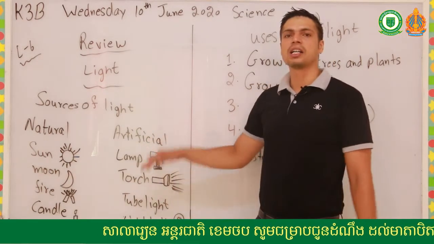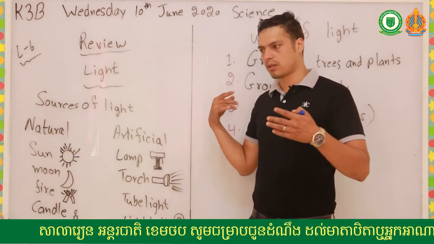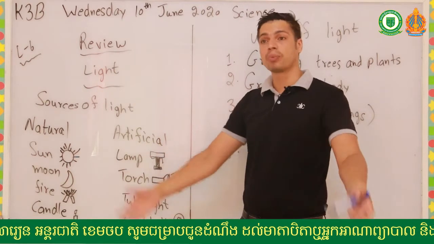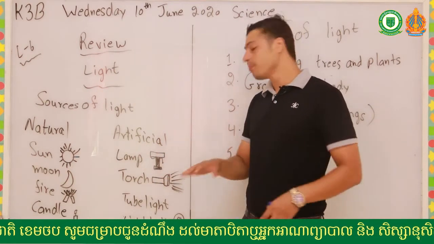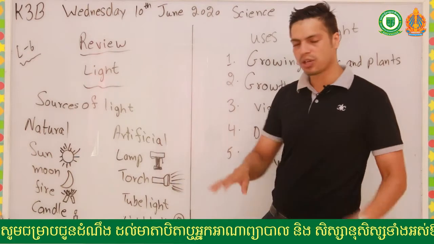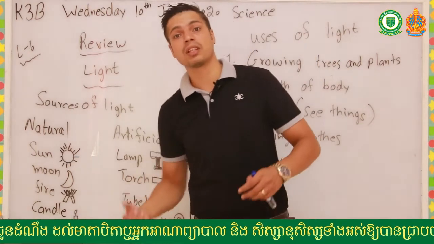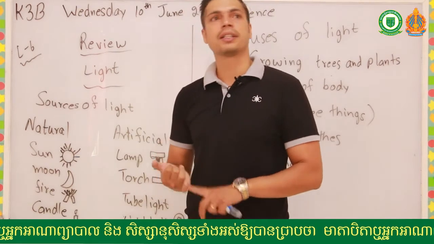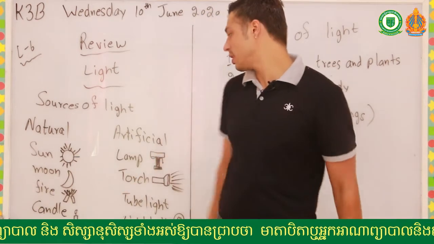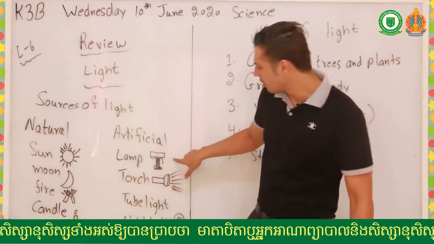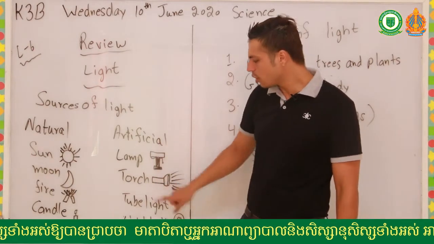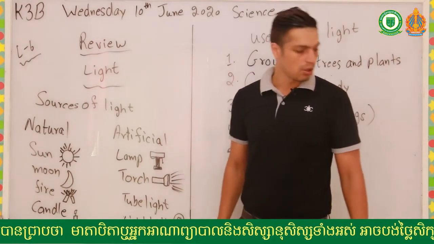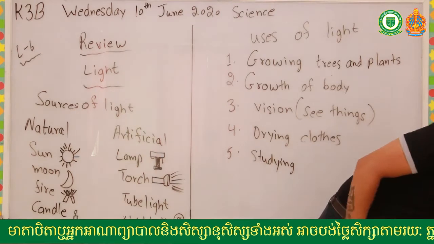So artificial means man-made, made by people. So lamp, as you can see, some lamps work on gasoline and some with electricity. I think some of you have lamps inside your house. So lamp looks like this. Torch. All the mobile phones have a torch too.